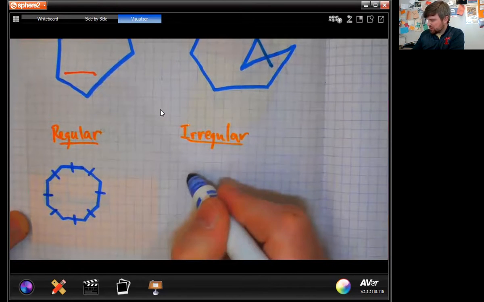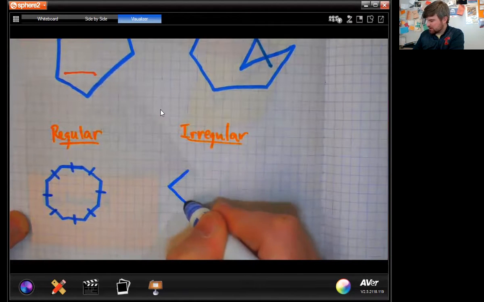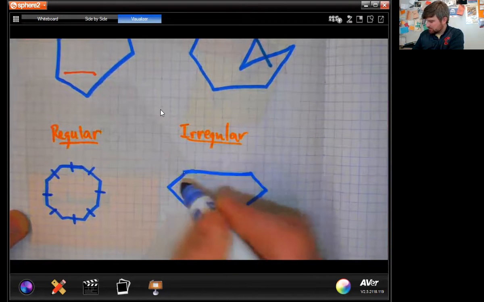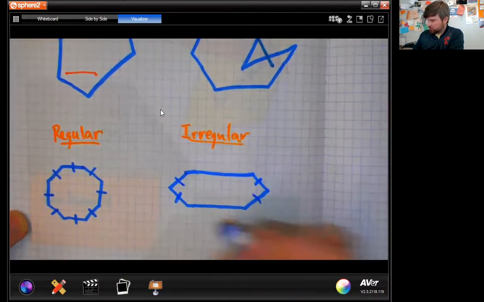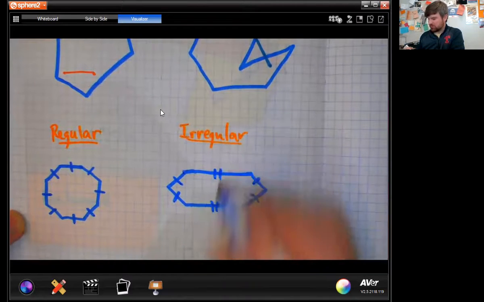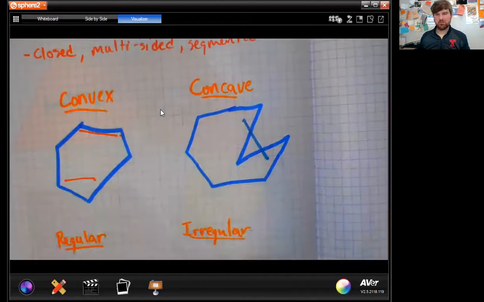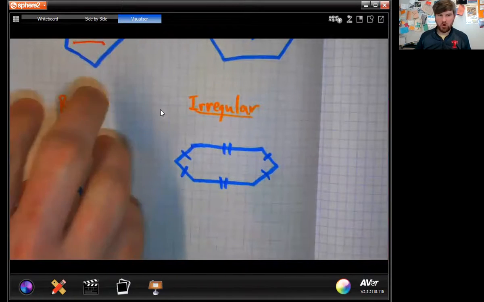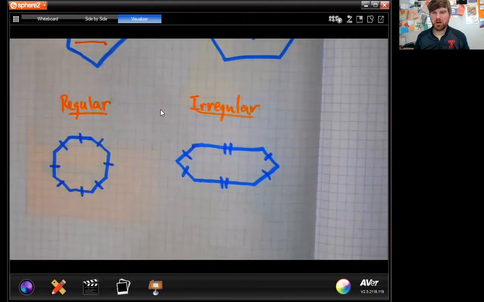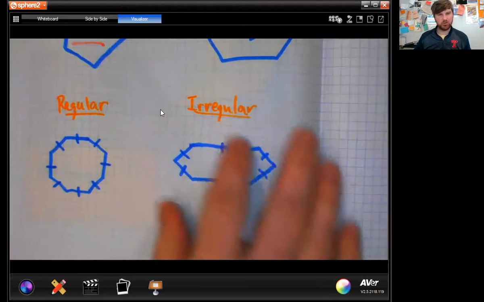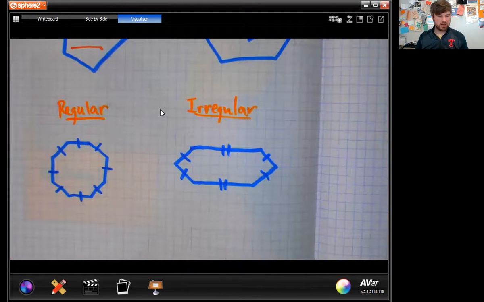If you have an irregular polygon, some of the sides may be different. So maybe all four of those are the same, but these two are different. That is irregular. In fact, the two that I drew up here are irregular. So our main goal is to deal with regular polygons because things become easier for us to start there. And then as we move into more advanced math, we'll look at irregular and concave.